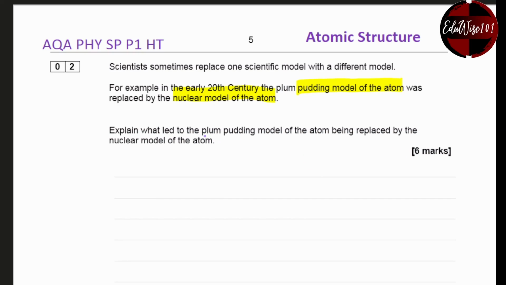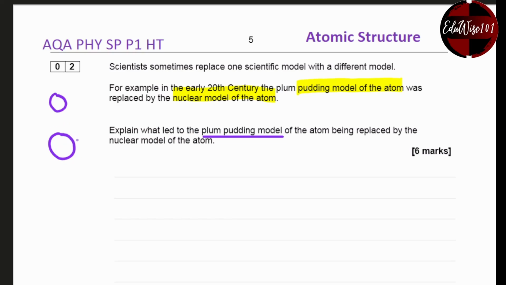Now, the plum pudding model is an older model which basically came from the sphere model. Initially, atoms were thought of as simple spheres, like tiny balls. From then on, once the electrons were discovered, they realized that an atom has positive and negative charge.